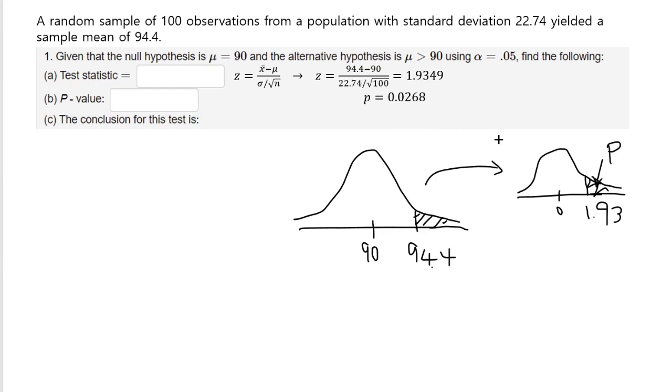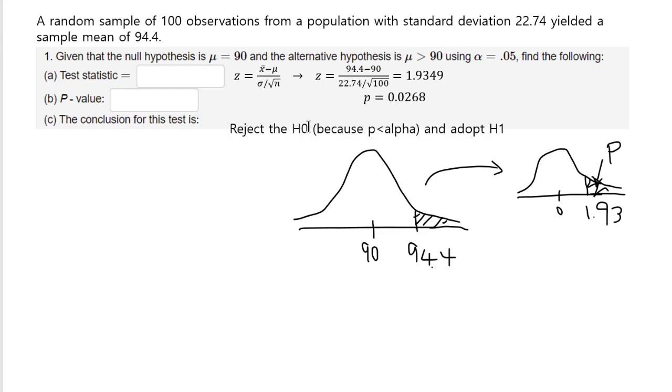And then, as I said before, since this p-value is less than the significance value, it shows you that this is significant enough, meaning that the probability that such a high number would happen under this null hypothesis is less than 5%. So it's not very probable that the null hypothesis would be true. So you take the alternative hypothesis, mu greater than 90, and that's your conclusion for this test.